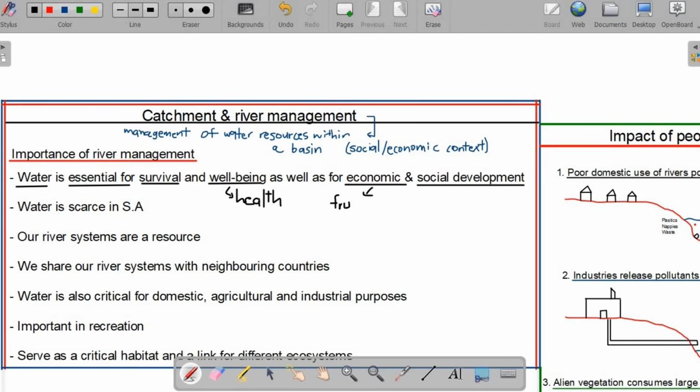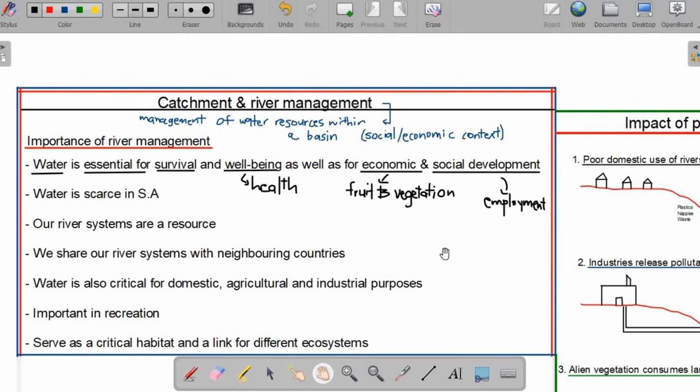So you can run an agricultural enterprise there. But we all know that the input that is needed for that to be successful is water.